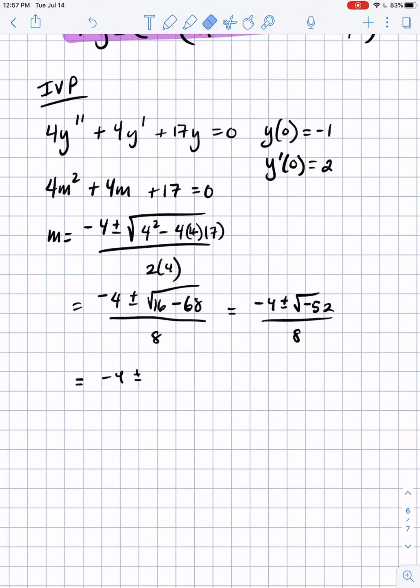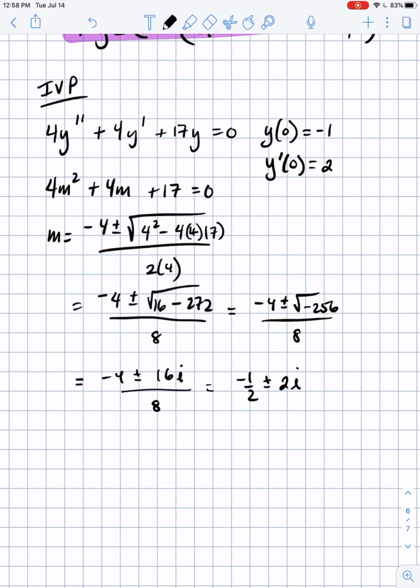My bad. So this is going to be 272, and we get -256, and that gives us 16i over 8. So I get -1/2 plus or minus 2i.